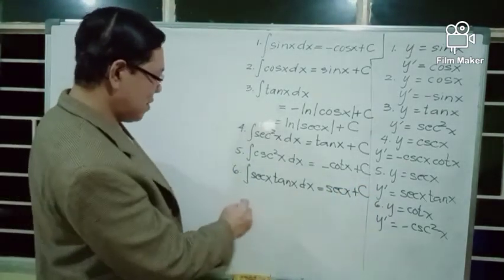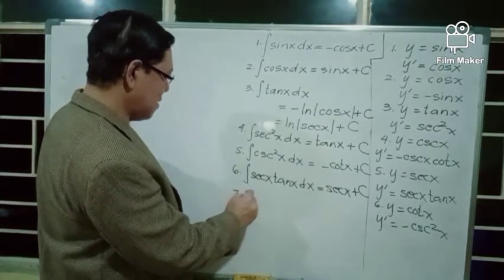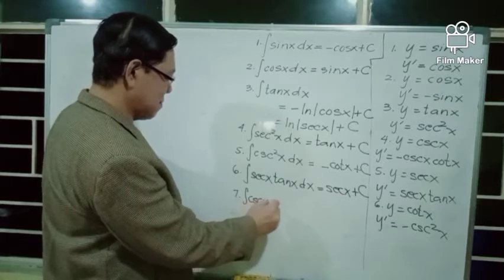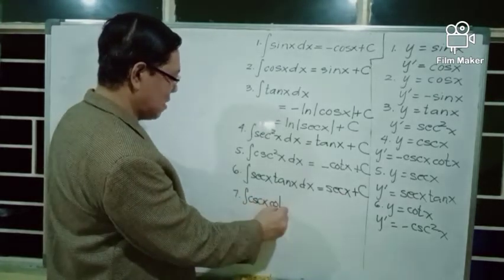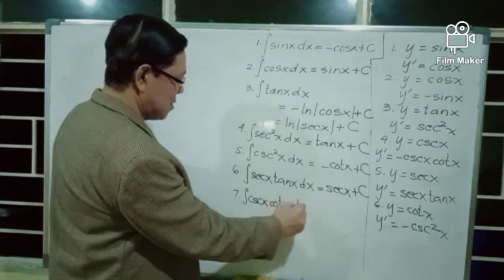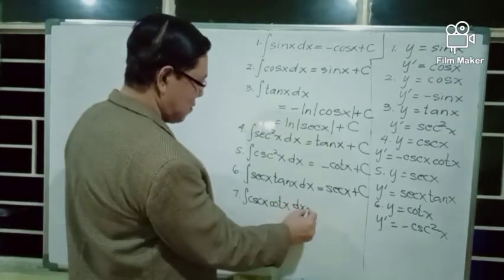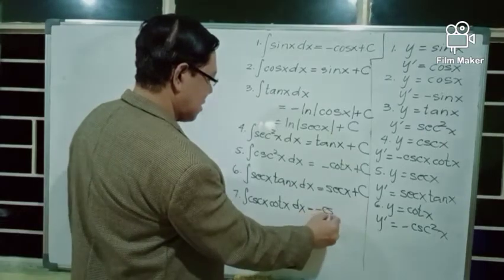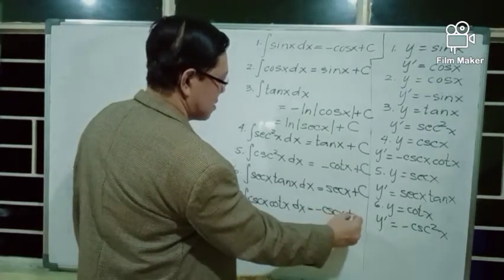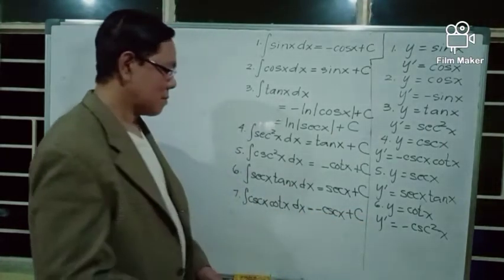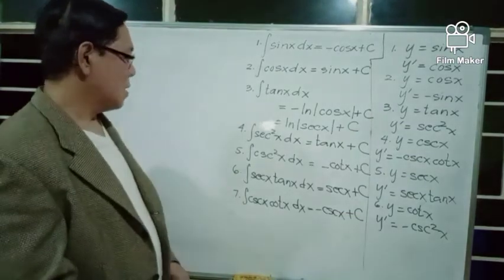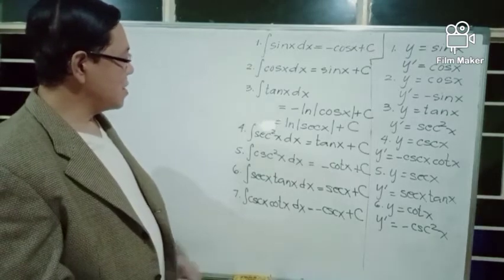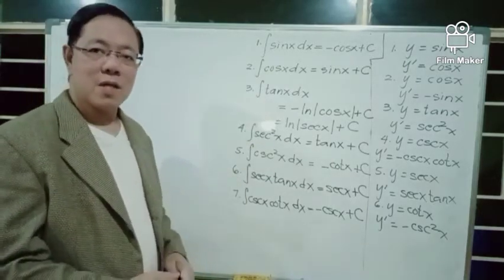And number 7, we have the integral of cosecant x cotangent x with respect to x. This equals negative cosecant x plus c. And next, we have the integral of cotangent x.